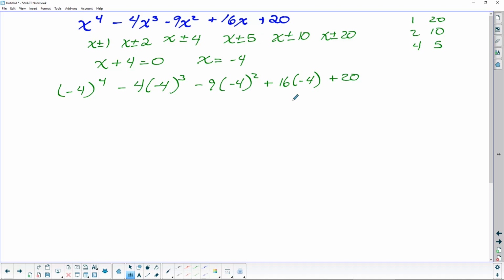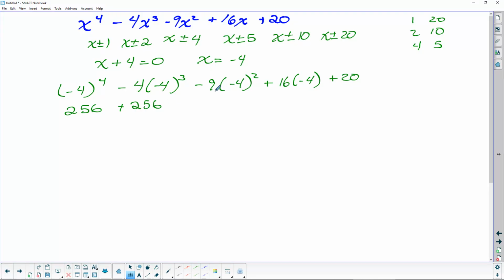Minus 4 to the 4th. Let's see what that is. 4 times 4 times 4 times 4. That is 256. And this would be also 256 here because we got 3 negatives there and then 1 more.